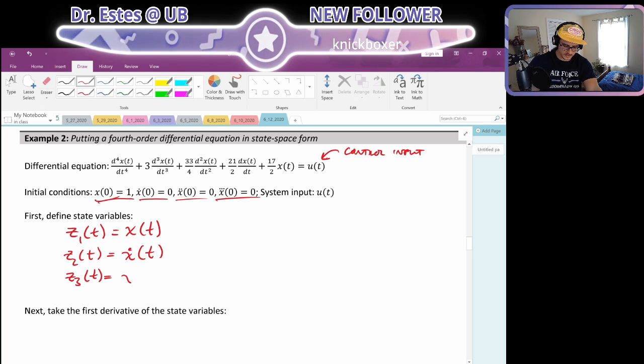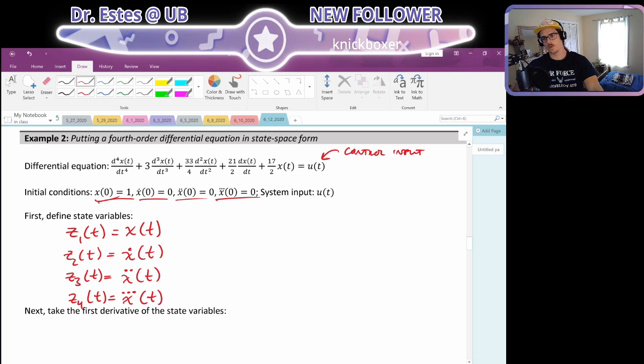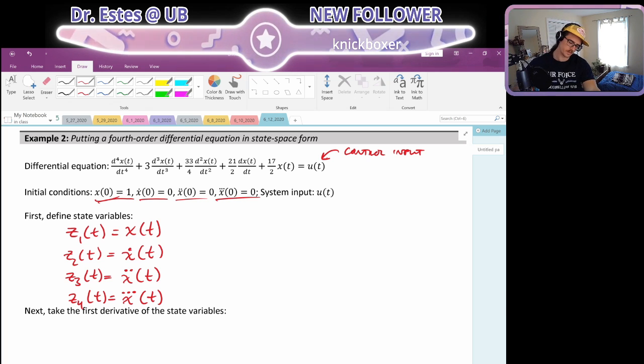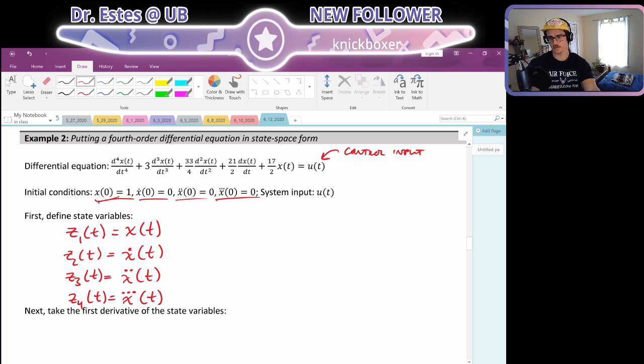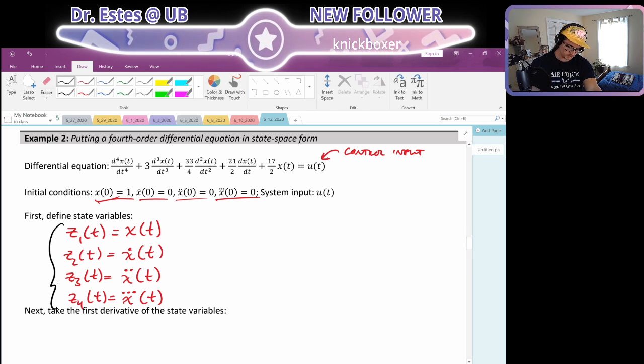And you only have to keep going until your number of states is equal to the order of the system. So I didn't have to go all the way up to the 4th derivative of x. So you start with x, like the 0th order derivative, and then you just keep going until you reach n. So n equals 4 state variables.